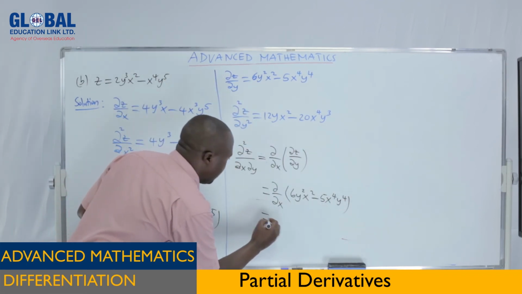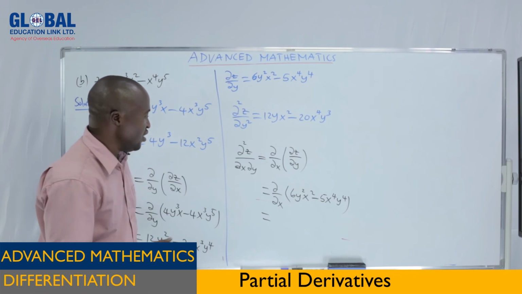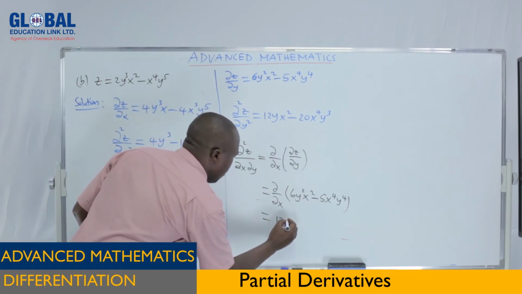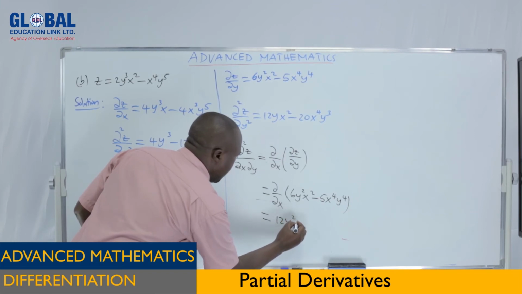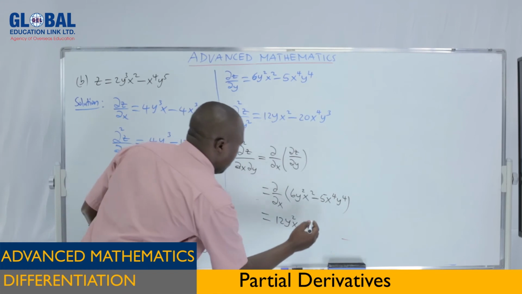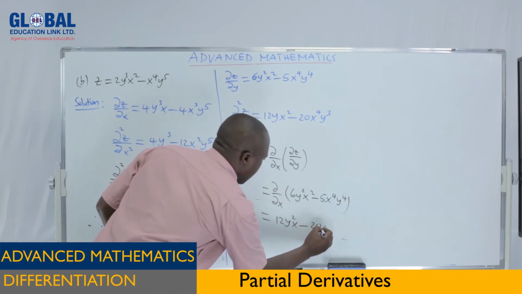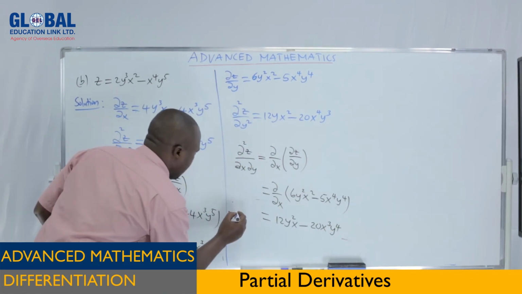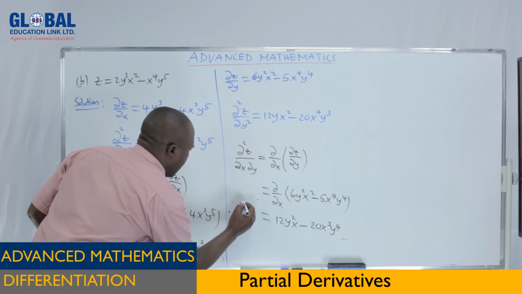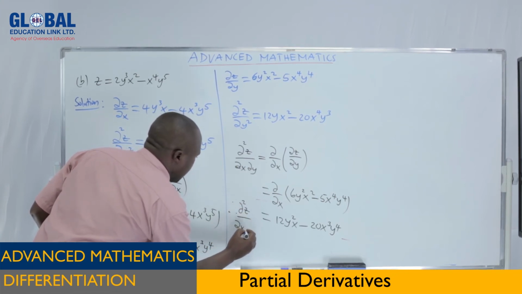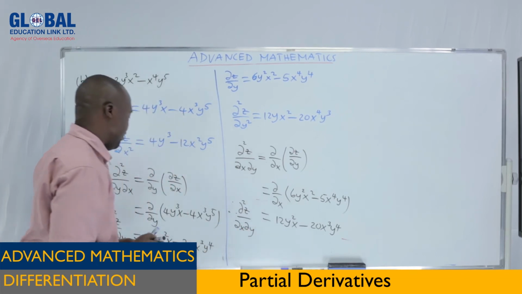So on differentiating this with respect to x, y will be constant. So we are going to have 12y squared x minus 20x power 3 y power 4.